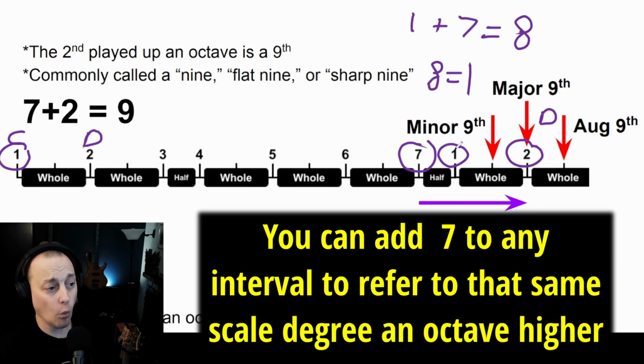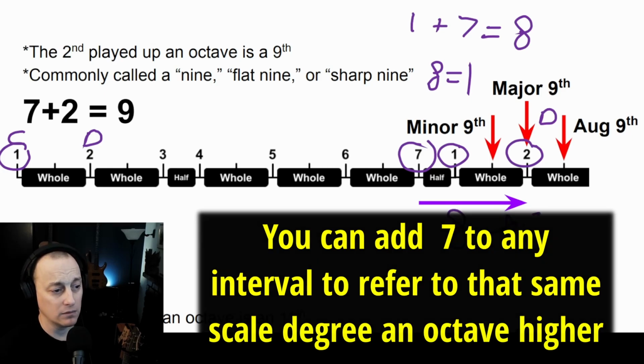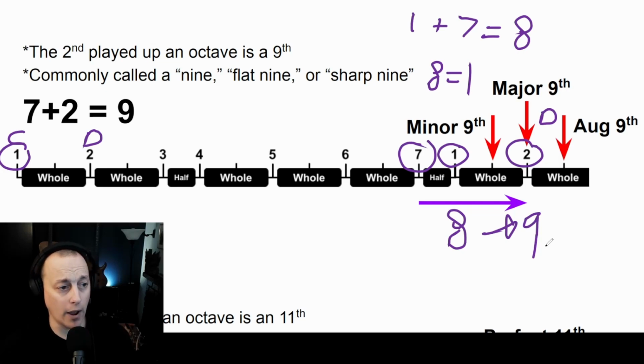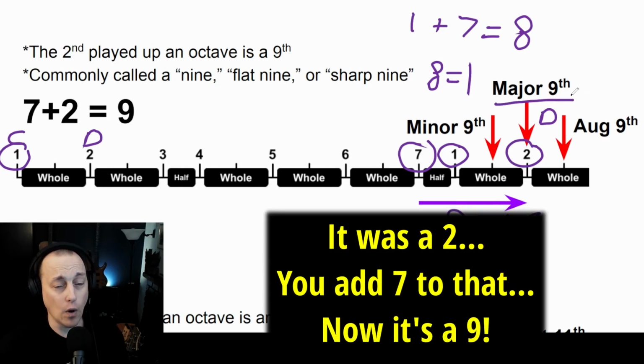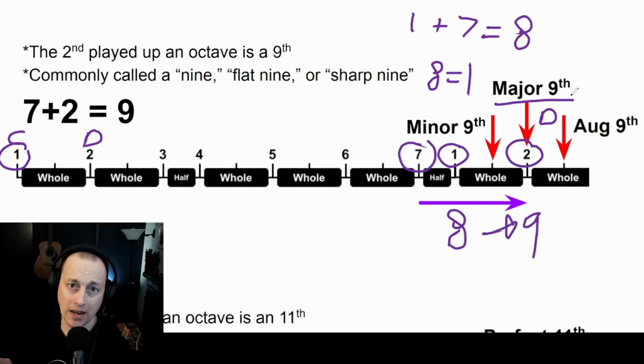And so if 1 is 8, let's just run with this for a second. I've got my 8 here. What does 2 become? Well, you're very, very bright, and I'm sure you already saw this written on the screen. It becomes a 9. So when we're looking at intervals that are beyond the octave of our starting point, I have a note somewhere, and I say I want to measure this note way over here.